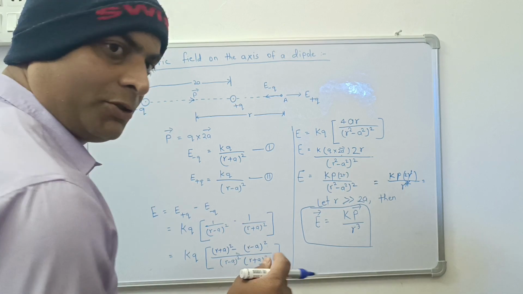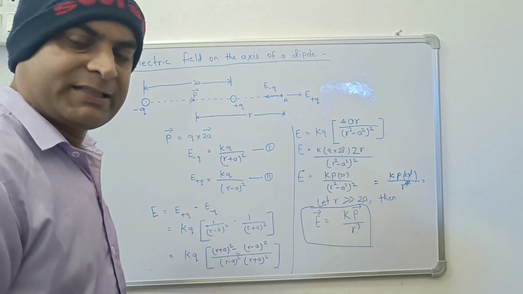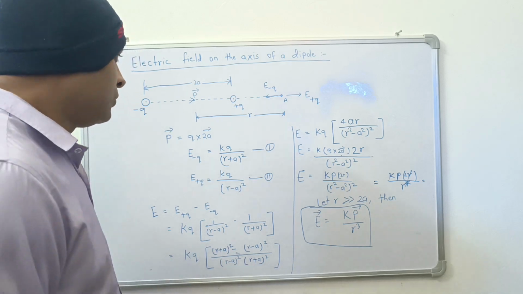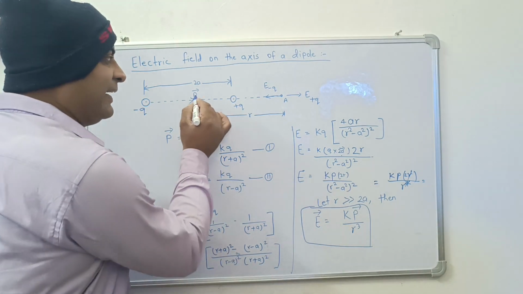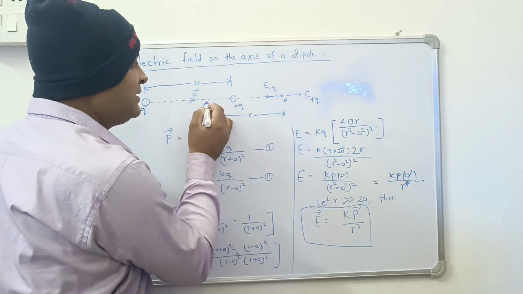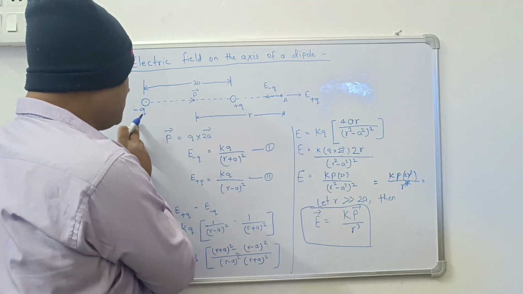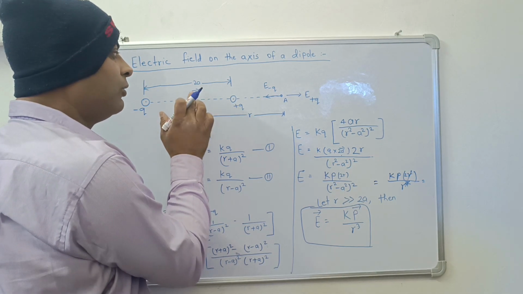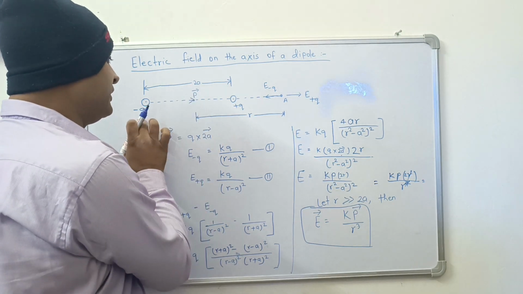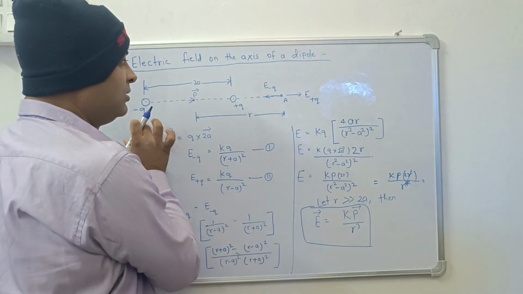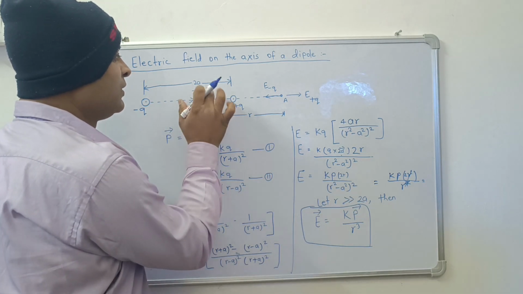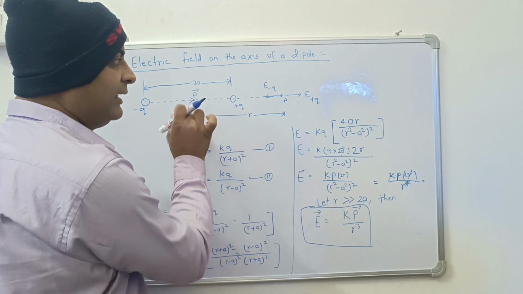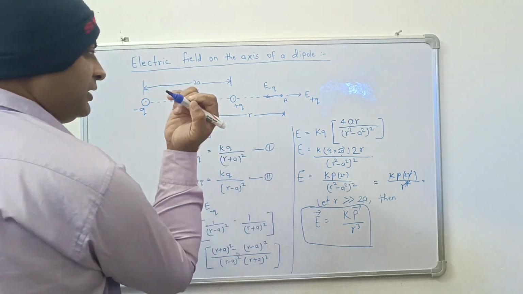As we discussed in the previous video, the direction of the dipole moment is always from the negative charge to the positive charge.